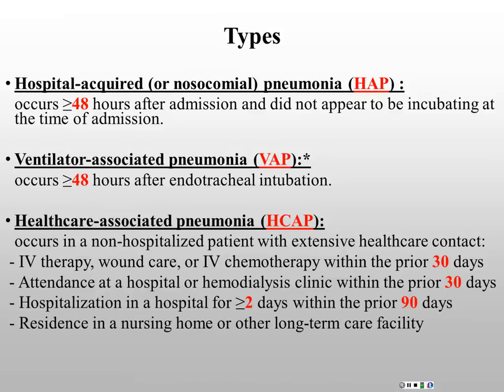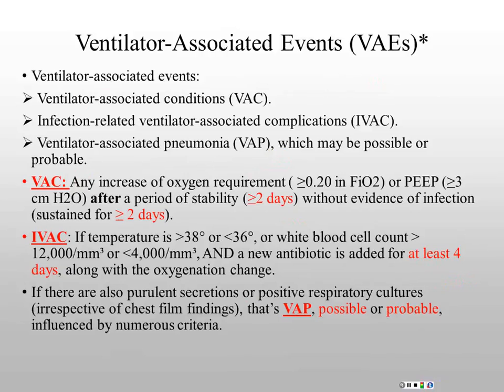Again, the 48-hour rule applies with the intubation. Healthcare associated, you should ask in the history if there is a recent hospitalization and when was the admission and for how many days the patient was admitted to the hospital. More than 2 days in the previous 90 days will qualify you for HCAP. Also, if there is a history suggestive of extensive exposure to healthcare, like getting chemotherapy, dialysis, and nursing home residents will put you in that category.